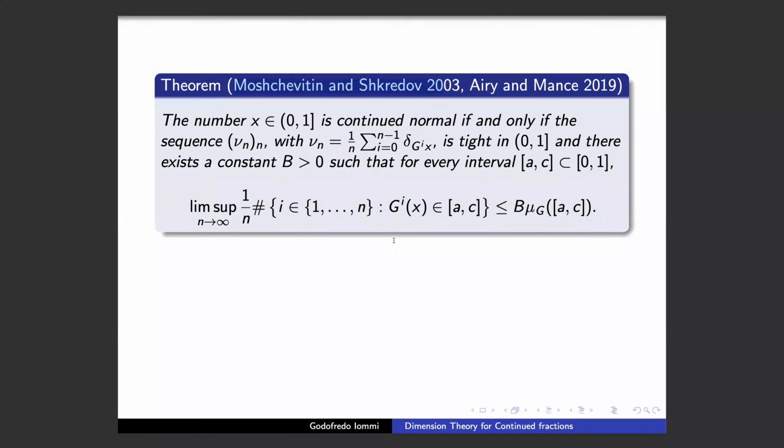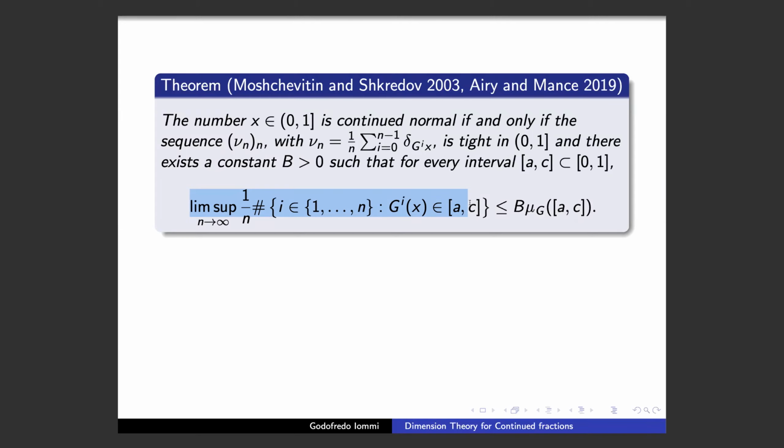They said that a number was continued fraction normal if, again, for every closed interval, if you compute the limsup of the frequency of visits of the orbit of the point x by the Gauss map to that closed interval, that was bounded above by the Gauss measure of the interval AC. So they reproduce basically the same condition that was stated before, and they claim that the number was normal in case that condition was satisfied.